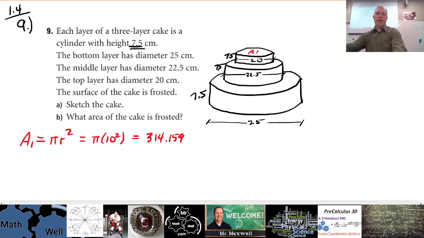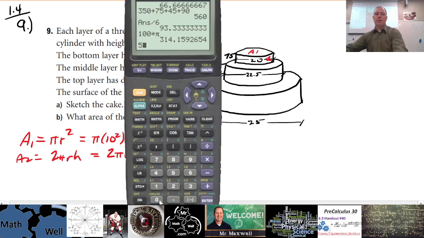Excellent. Now, the wraparound part for this, let's make that area 2, is going to be 2 pi r h, which is going to be 2 times pi times, the radius was 10, and h is 7.5. So that's 150 pi, looks like.